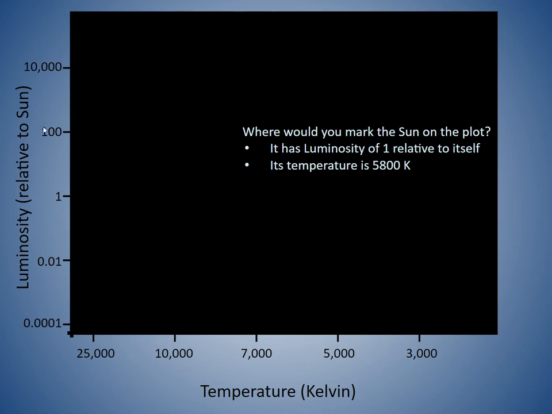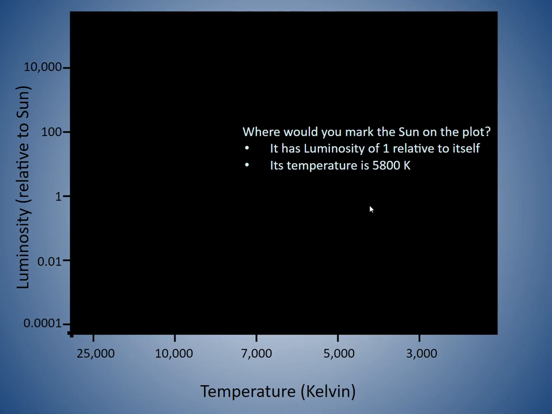This is how bright compared to our sun. So how bright is our sun compared to our sun? Is it 100 times brighter than our sun? Is it 1/10 as bright as our sun? So our sun, relative to our sun, would be a 1. So clearly it's going to be a 1 here.